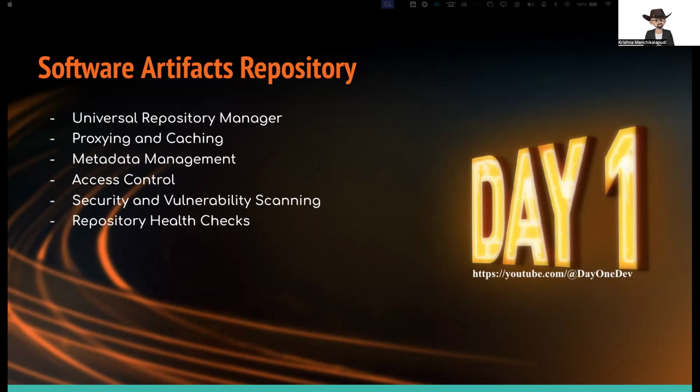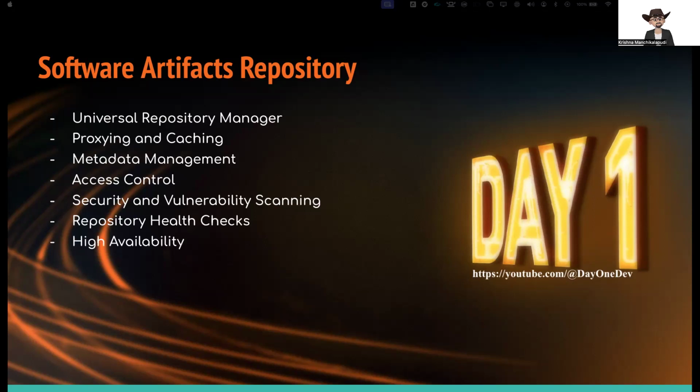And built-in repository health checks and maintenance tasks across your systems to monitor and clean up your repositories, detecting some unstable or unused artifacts to optimize your storage space.